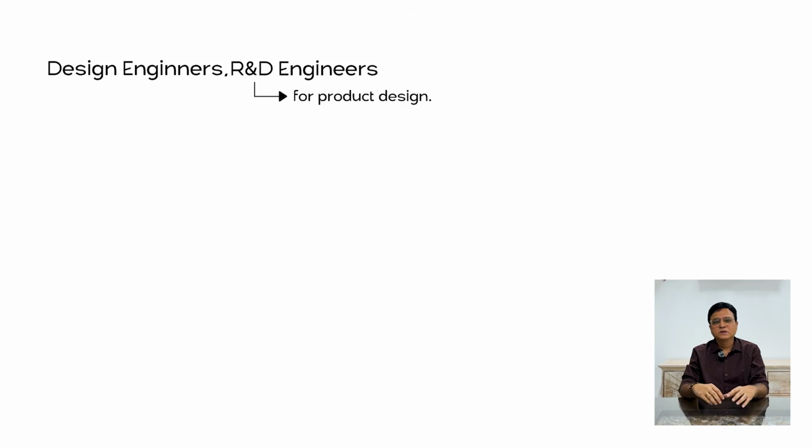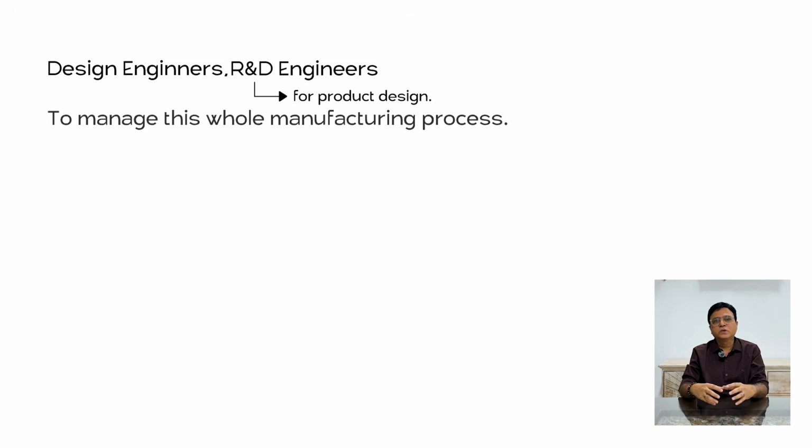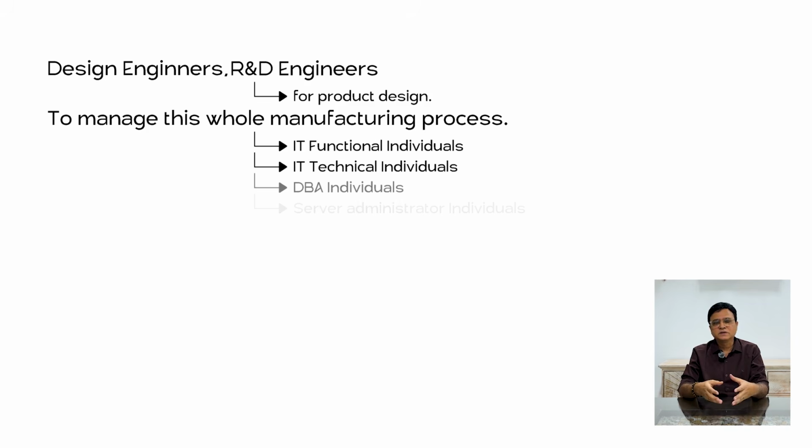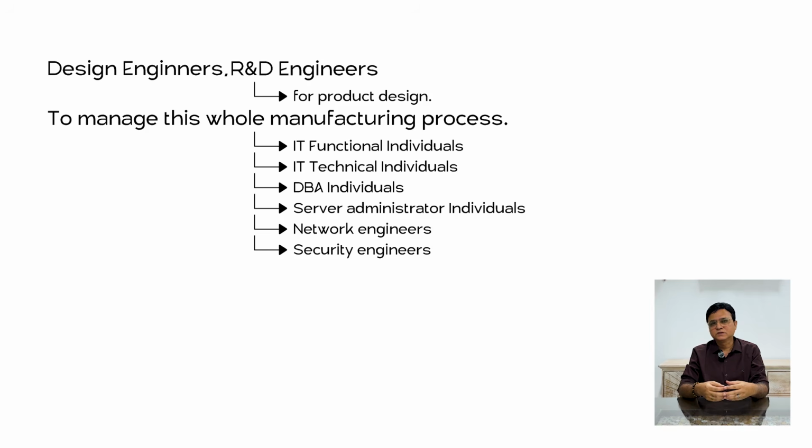Like this, to manage this whole manufacturing process, a functional guy is required, a technical guy is required, DBAs, server administrators, then network engineers, then security engineers, then design engineers and R&D experts are required.